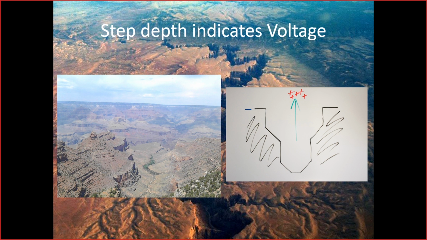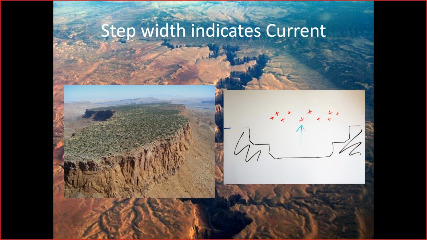You have a negative surface. Positive charges remove the surface. It does so depending on the force it can impact the surface with. In this case, of course, voltage will give you depth and current will give you width. So in this particular scale, you can see that there's a whole area that got scoured, and you can see in the distance where the surface matches up.